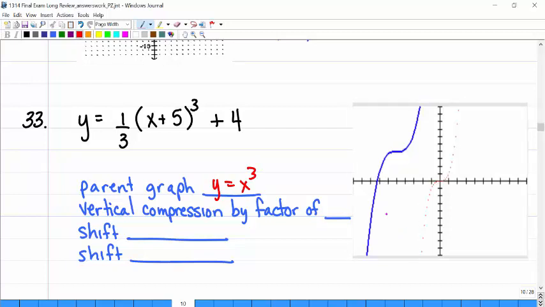I have a vertical compression by a factor of 1/3, and that's right here. And then I want to shift it left 5, and I want to shift it up 4. When I graph that on my calculator, I get here, and you'll notice that the original point 0, 0 was moved left 5 and up 4 right here.